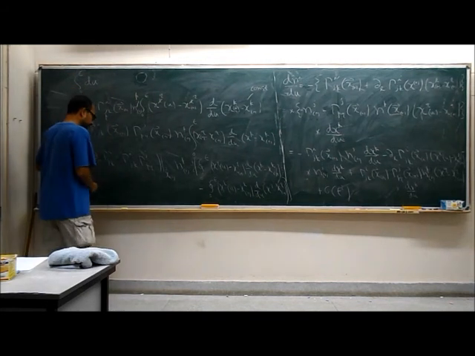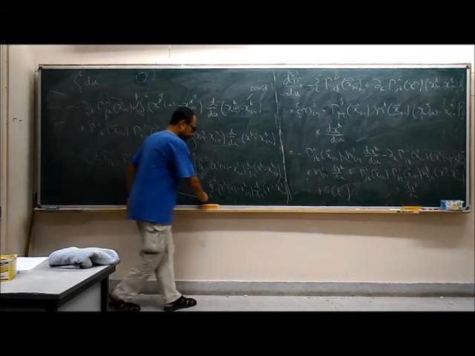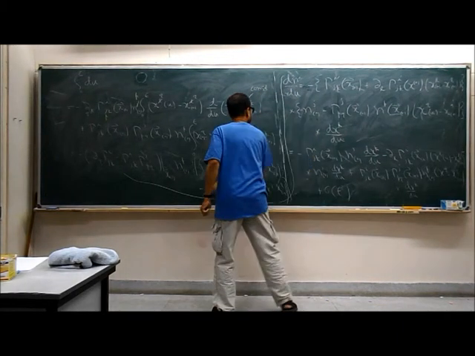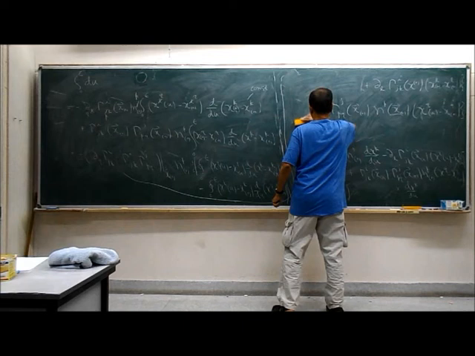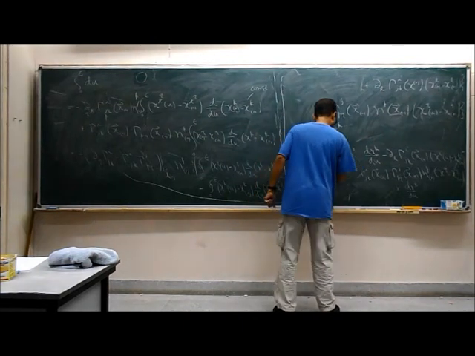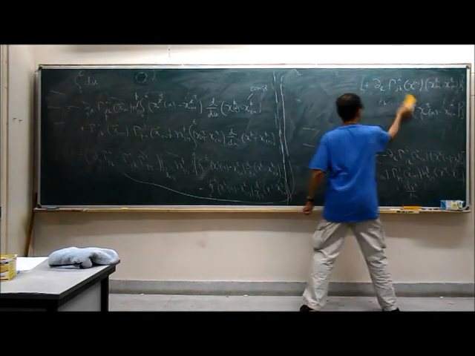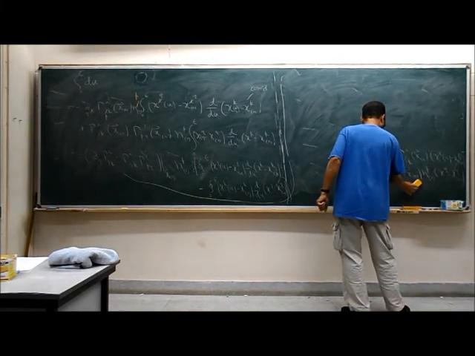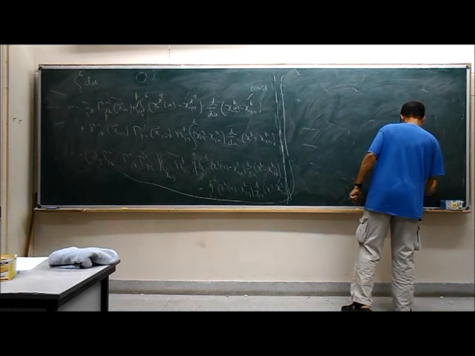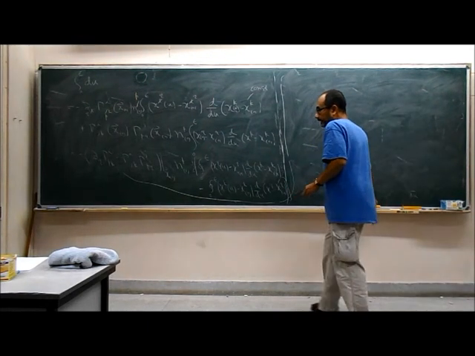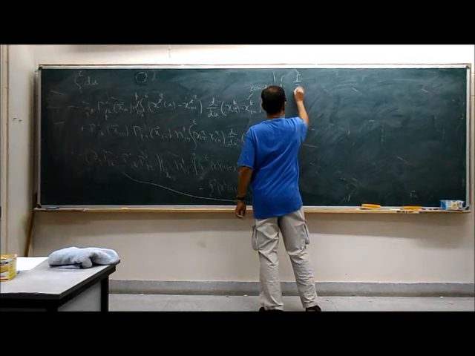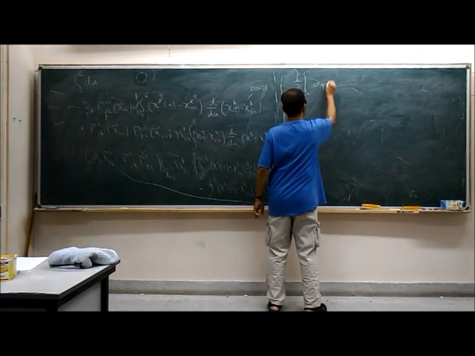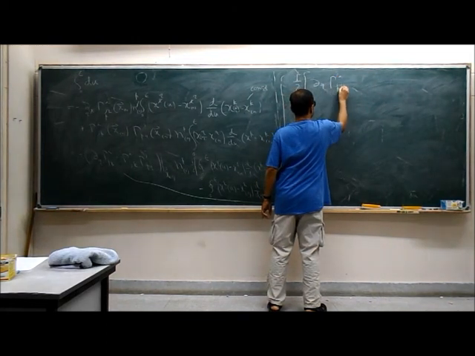So this term, then, let me write this term over here. I can write as half of del q gamma I pk.